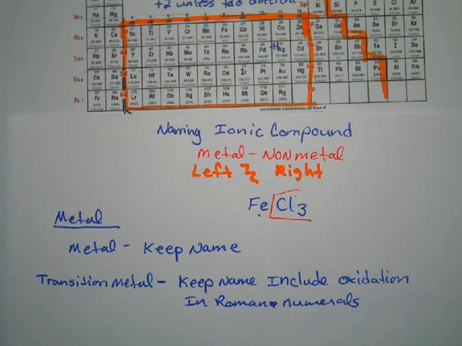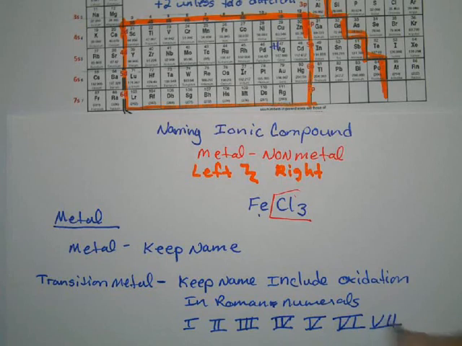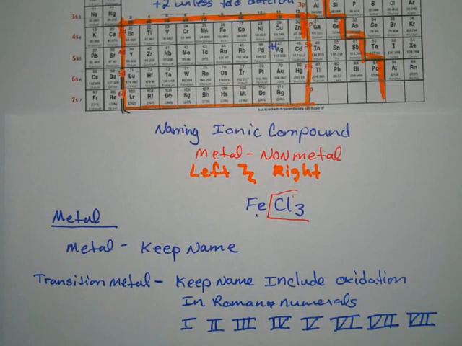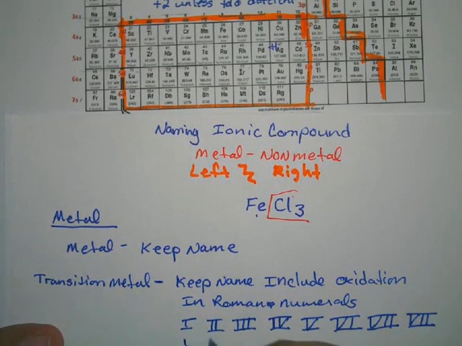So remember, this is 1, 2, 3, 4. What's 4? That's 1 before 5. 5 is V. 6 is 1 after 5. 7, 2 after 5. 8 is 3 after 5. So you shouldn't get any higher than that. So this is 1, 2, 3, 4, 5, 6, 7, 8.